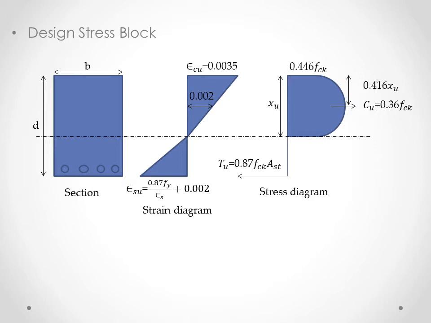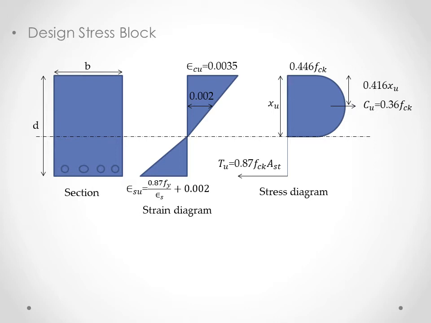strain equal to 0.0035, and here the value 0.002 is the value of the steel that we had assumed.